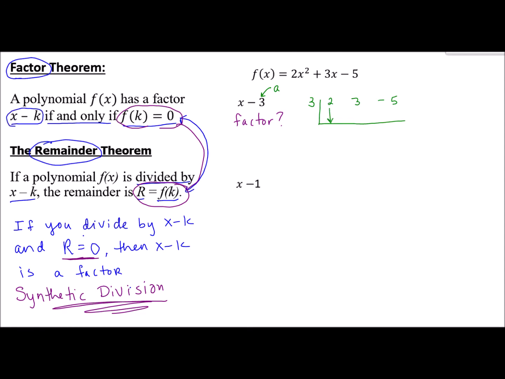The process says bring down the first term, multiply diagonally, add down. Multiply diagonally, add down. This is not 0. So that means x minus 3 is not a factor.